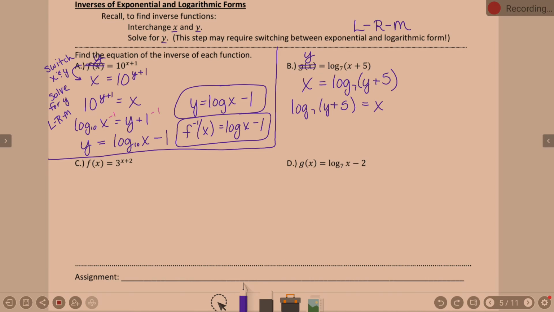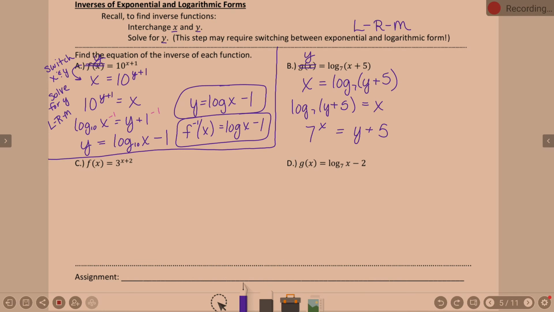And then I'm looking at my left, right, middle. 7 is the left, y plus 5 is in the middle, x is my right. I want to reorder these in my exponential form. So we're going to have my left of 7, so base of 7, raised to the right of x is equal to y plus 5 from the middle.